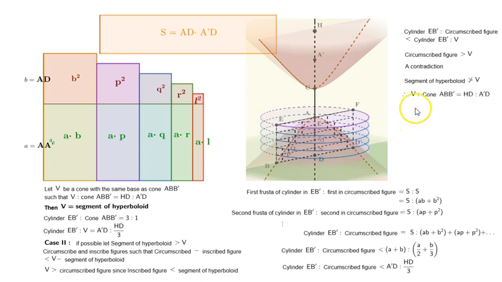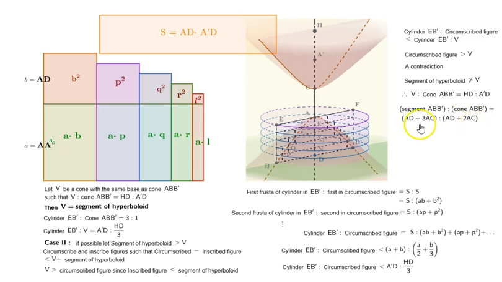So if it is equal to V, that means this statement holds. The volume of V is to the volume of cone ABB prime is equal to HD is to A prime B. But what are HD and A prime B? HD is AD plus 3AC and A prime D is AD plus 2AC. And V is equal to segment of the hyperboloid of revolution ABB prime.